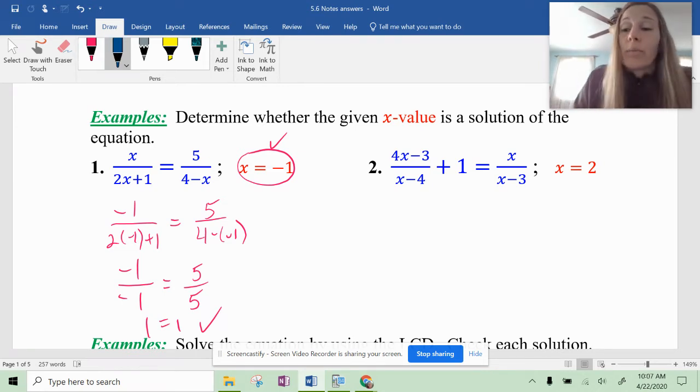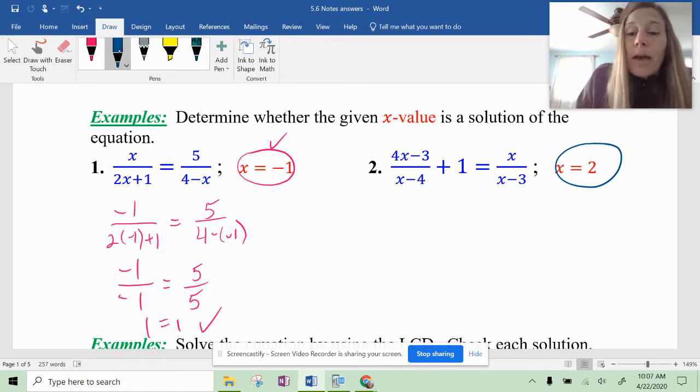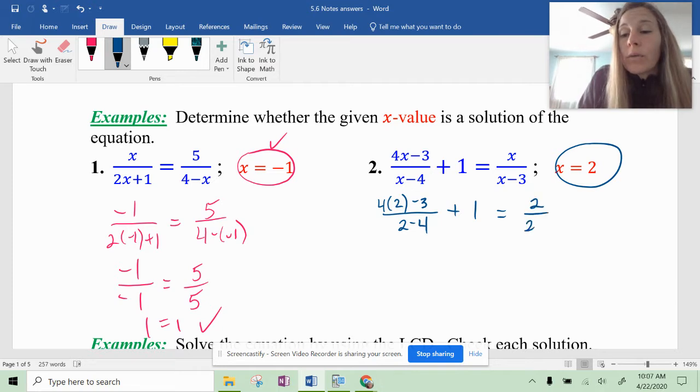Now, if you were doing number 2 and you got the solution of 2, you would plug that in. So if I did 4 times 2 minus 3 over 2 minus 4 plus 1. And then on this side, I would have 2 over 2 minus 3. So when we simplify each of these, I get 8 minus 3, which is 5, 2 minus 4, which is -2.